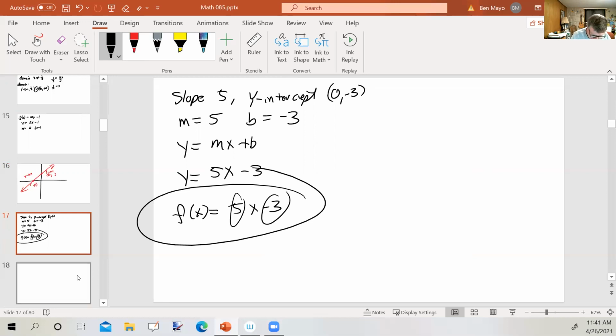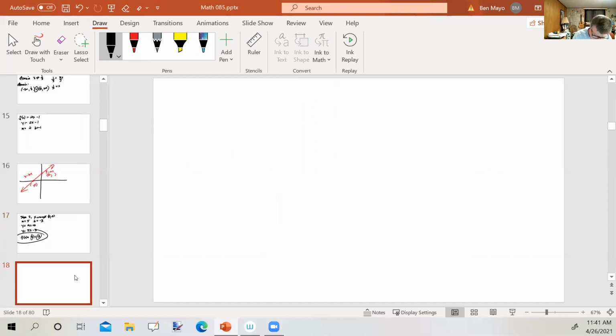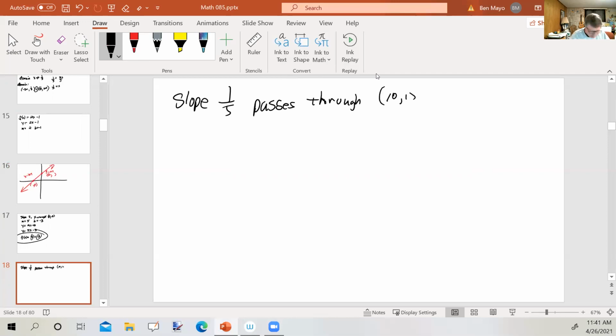Let's take a look at another example. Here it says that the slope is 1/5, and the graph passes through the point (10, 1). All right, so we know that the slope is 1/5. However, the point they give us, (10, 1), is not the y-intercept since x is not 0.